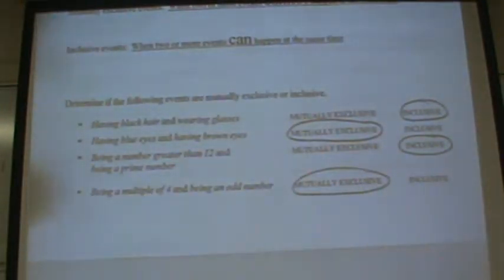They're mutually exclusive because if it's a multiple of 4, those are all even numbers, and an even number can't be an odd number too. So those are mutually exclusive events.